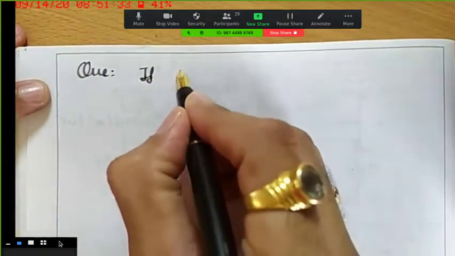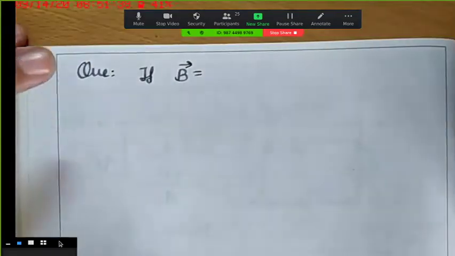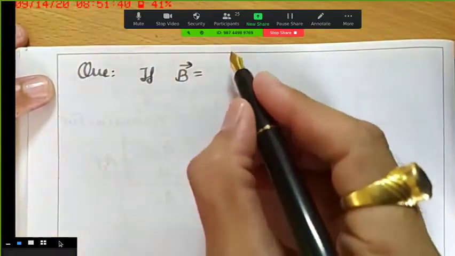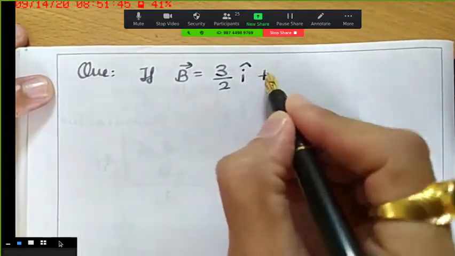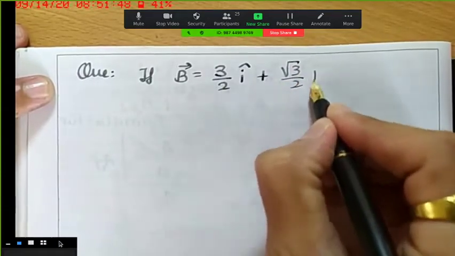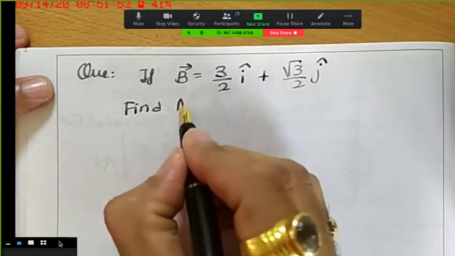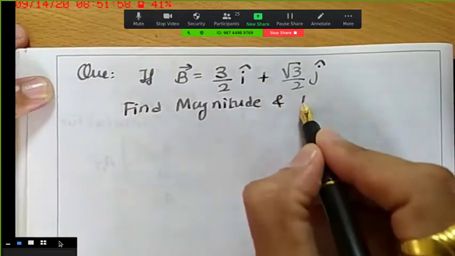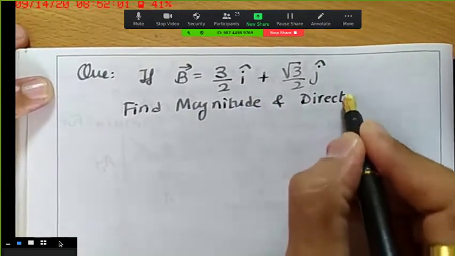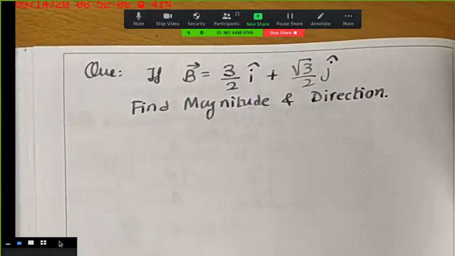If p equals 3 by 2 i plus root 3 by 2 j, find the magnitude and direction. Time starts now.